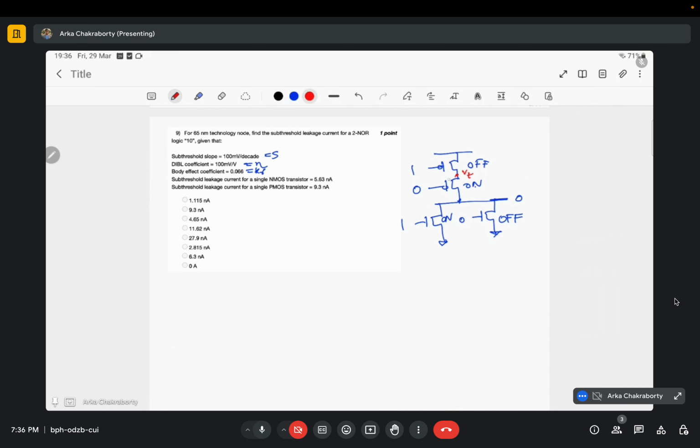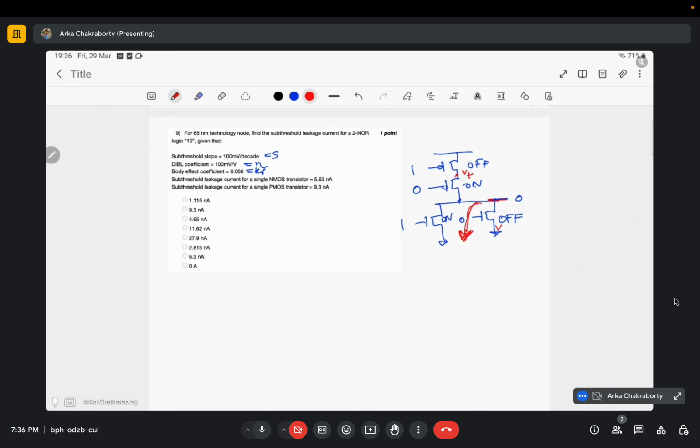Now as the output is 0, and this is discharging it, there is no question of anything getting discharged through the subthreshold because it is already discharging.